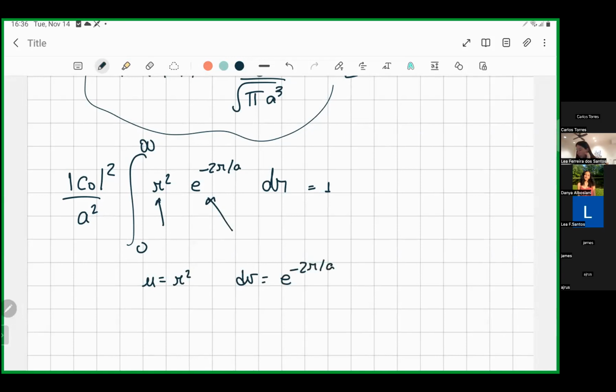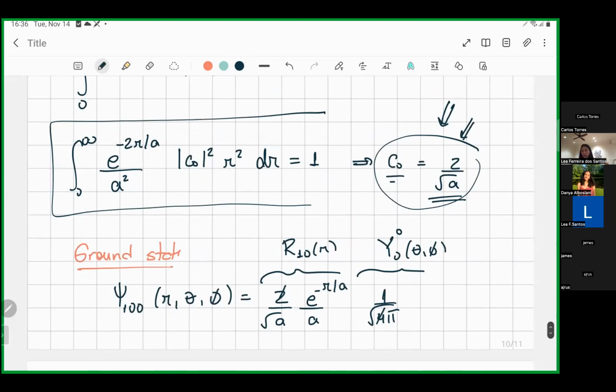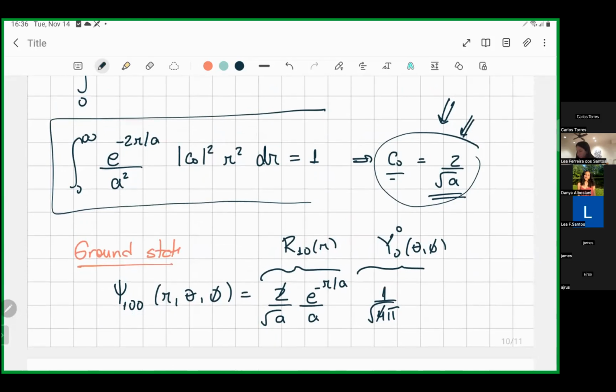Okay, so then I let you solve this, doing by parts. You have to do it twice, by parts twice, and then we'll find this constant. And that's it. Okay, so that's how we solved one wave function. But let's try some others.